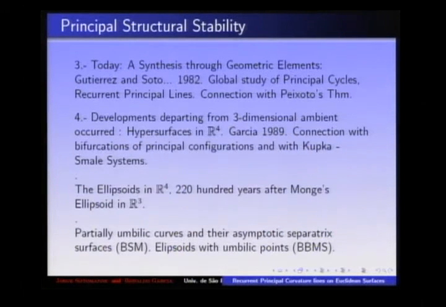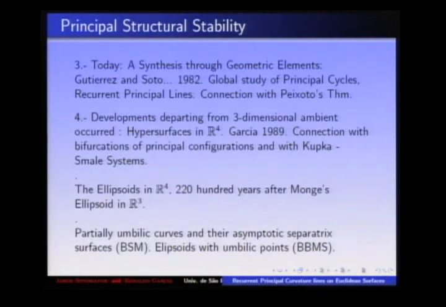I mentioned Peixoto just to, and then, so this is the project for today.